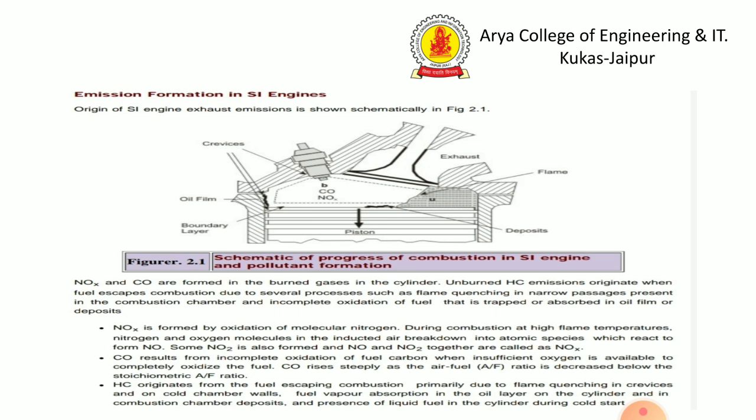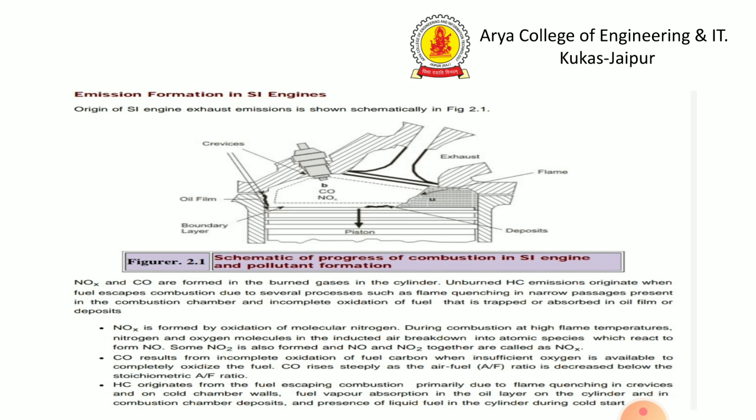Here we see the basic sources of emission formation in SI engines. NOx and CO are formed in the burned gases in the cylinder. Unburned HC emissions originate when fuel escapes combustion due to several processes, such as flame quenching in narrow passages present in the combustion chamber and incomplete oxidation of fuel that is trapped or absorbed on oil film or deposits.